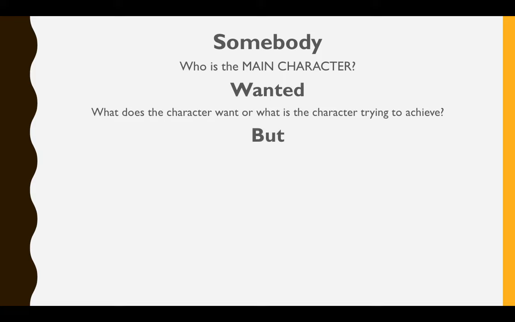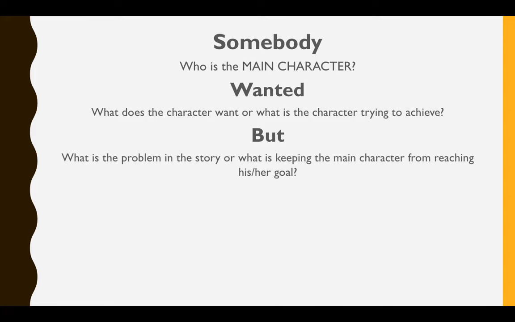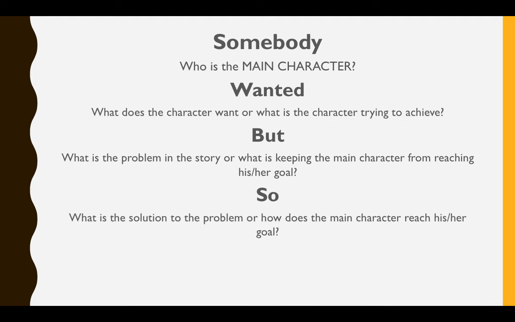The but is the problem in the story, or what is keeping the main character from reaching his or her goal. The so is going to be what is the solution to the problem, or how does the main character reach his or her goal. The then is going to be the end of the story. What is the resolution?